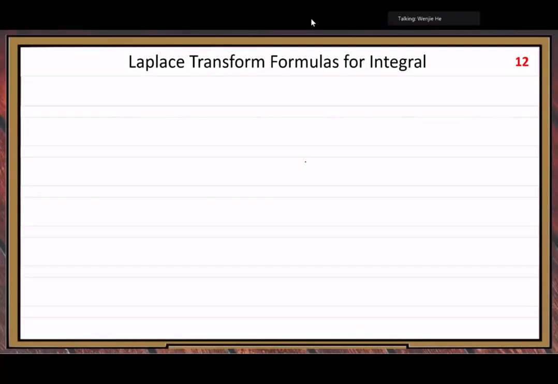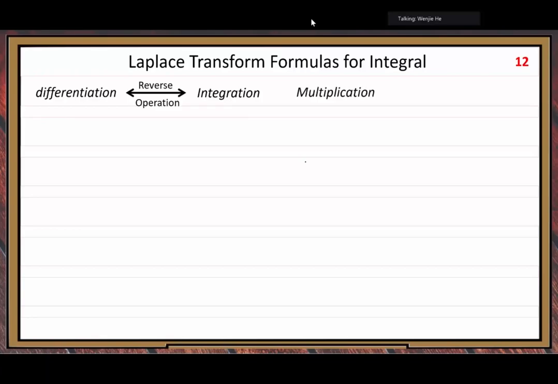Let's look at the Laplace transform formulas for integral. Still, we do it from the definition of Laplace transform. First, we know what is the relationship between differentiation and integration. They are inverse operations of each other, right? That's the calculus side.